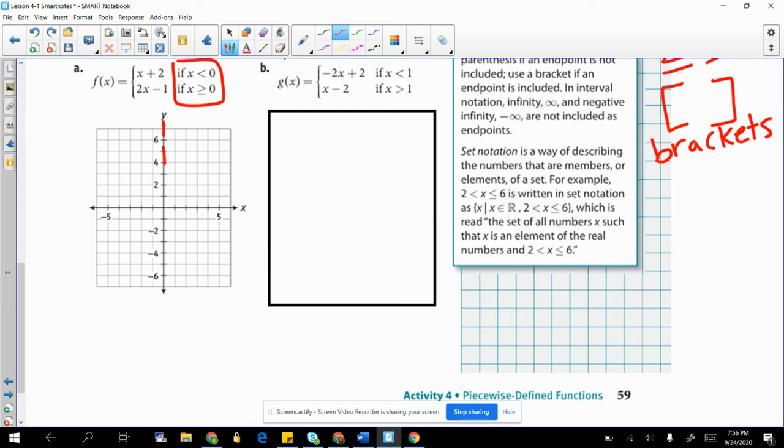So that's right here at 0. And then this x plus 2 is where x is less than 0, so that's going to be on this side. And then this 2x minus 1 is where x is greater than or equal to 0, so that's on this side.